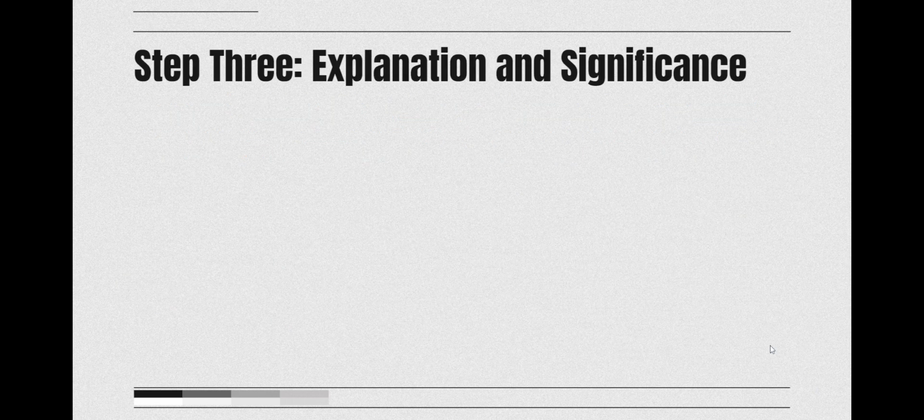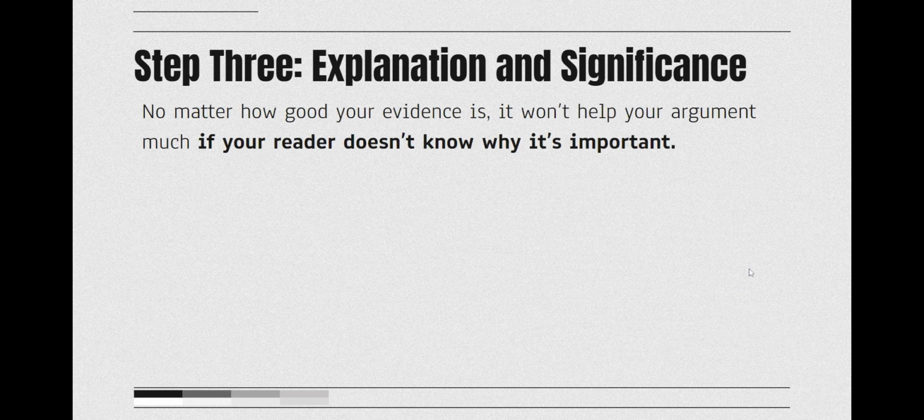Now comes kind of the tricky part, which is including an explanation and significance in your writing. And this, again, is tricky because you have to pull this from your own brain and you have to find the rationalization for why your evidence is useful. No matter how good your evidence is, it's not going to help your argument very much if your reader doesn't know why you think it's important to your argument.